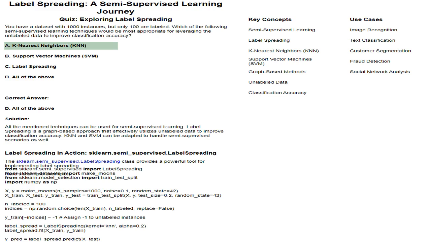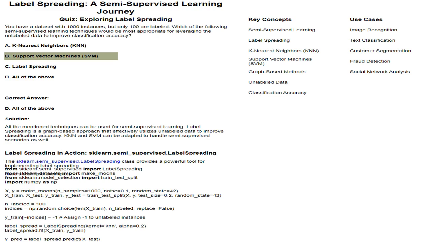Recommendation systems. Recommending products or content to users often relies on analyzing user preferences. KNN can be used in semi-supervised scenarios to recommend items based on the preferences of similar users, even if some user data is unlabeled. Support vector machines, SVM.